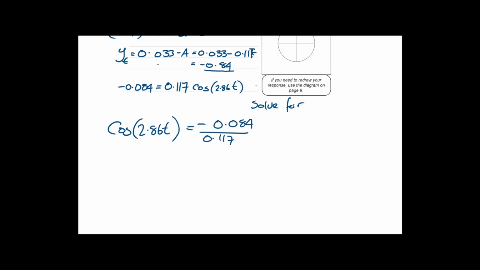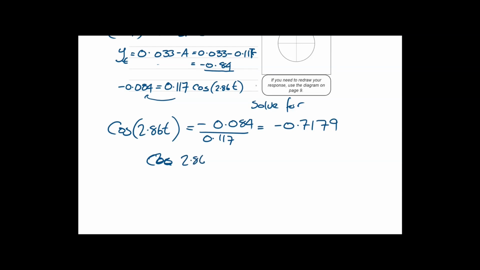So you see what I did here? I flipped sides and I brought this one over. Okay, so far so good. And I'm going to even simplify that as negative 0.7179.